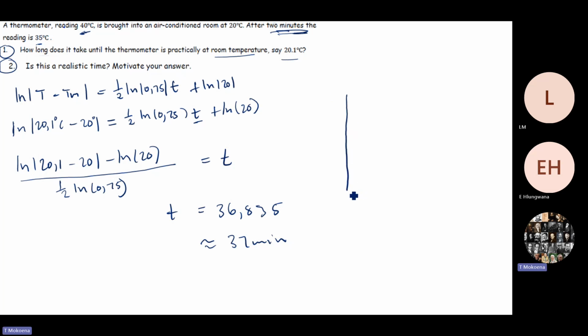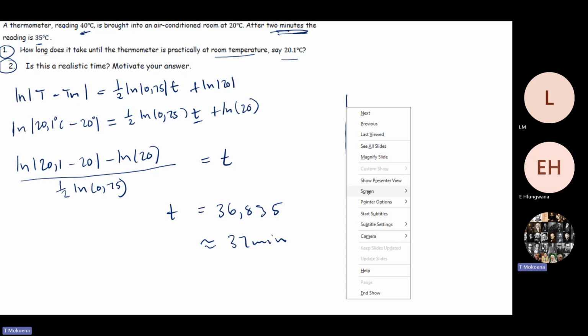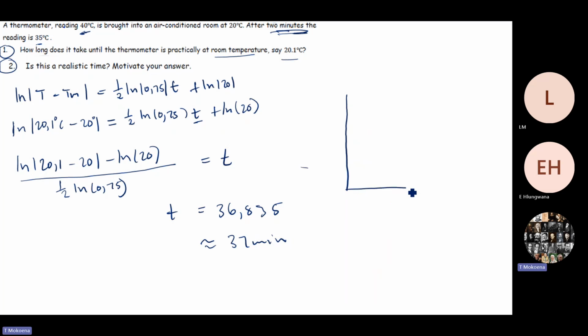On this side of the graph, here we have the y-axis, and then here we have the x-axis. But you have to understand, on the y-axis, what do we have? We have the temperature in degrees Celsius, the temperature of the thermometer.